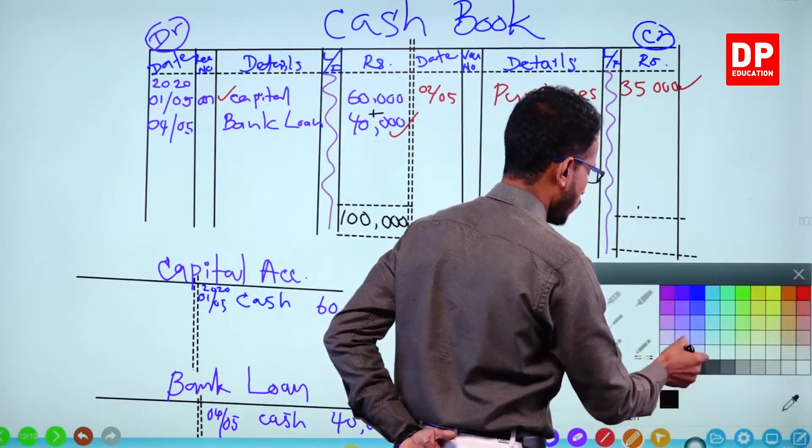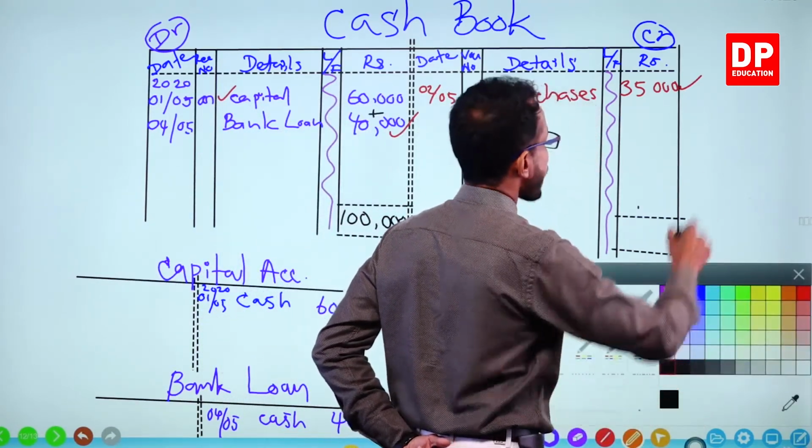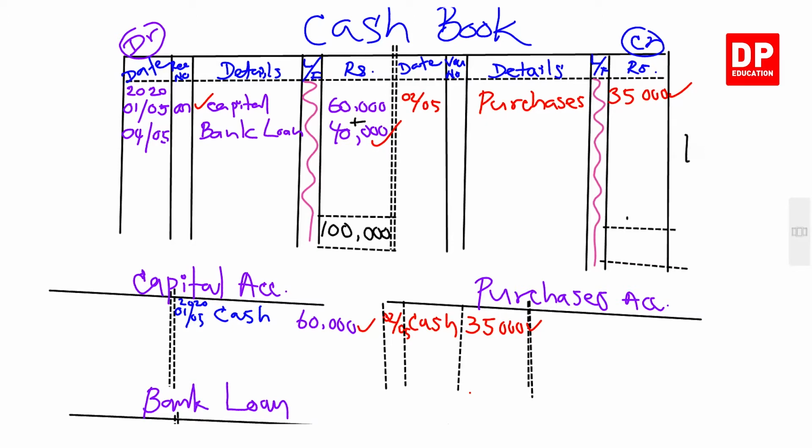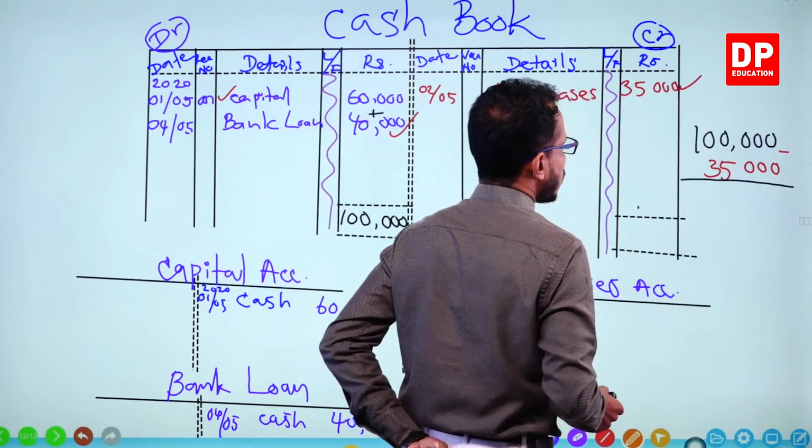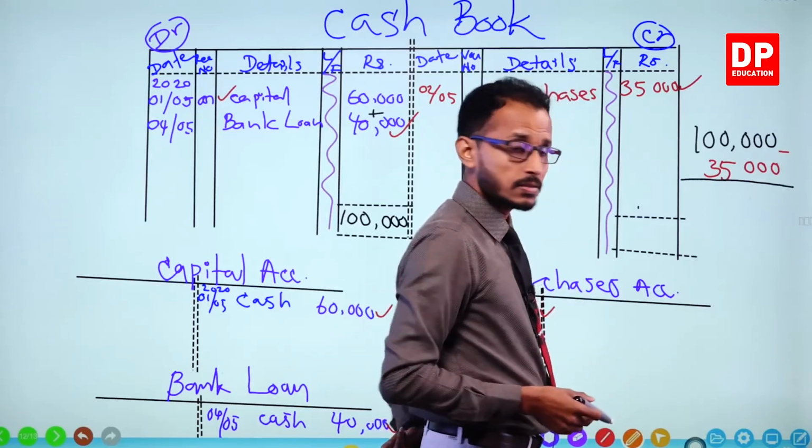Then what do we do? Subtract the credit side total from the debit side total. 100,000 minus 35,000. Take the answer.